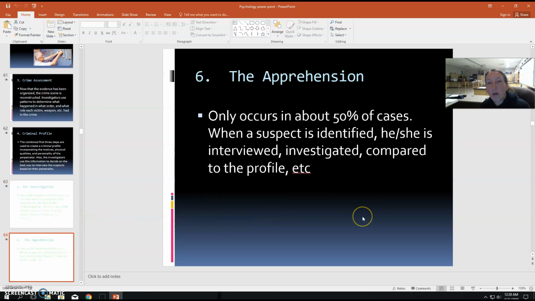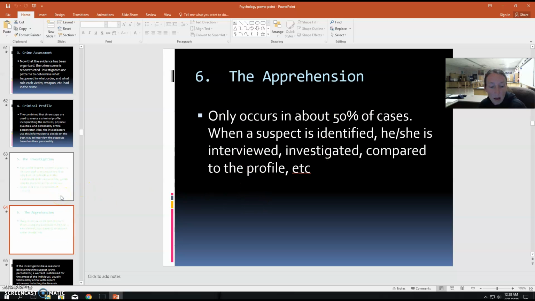And then hopefully it leads to the apprehension of the criminal. So once you follow those 5 steps, gathering the evidence, making connections, reconstructing the crime scene, delivering the profile, and actually investigating, hopefully it leads to the apprehension of the criminal. The sad part is that this is only true in 50% of those cases.